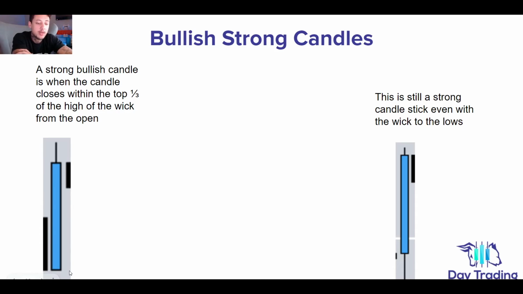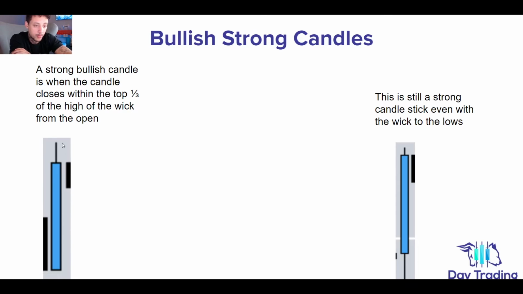If we look at this example, here is the open of the candlestick, and then here is the high of the wick. If we were to see where this candlestick closed, because again, a bullish candle will open at the bottom and close at the top, and then close bullish, obviously, right? If we look at the space from where the candlestick opened to the high of the wick, I would say it closed within the top third from the open to the high.